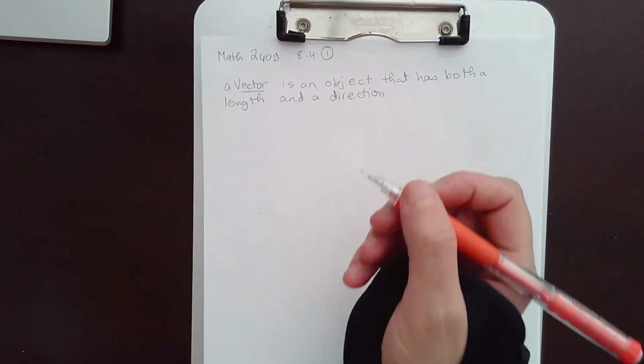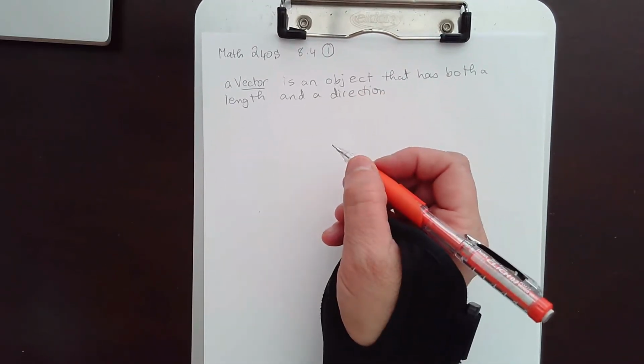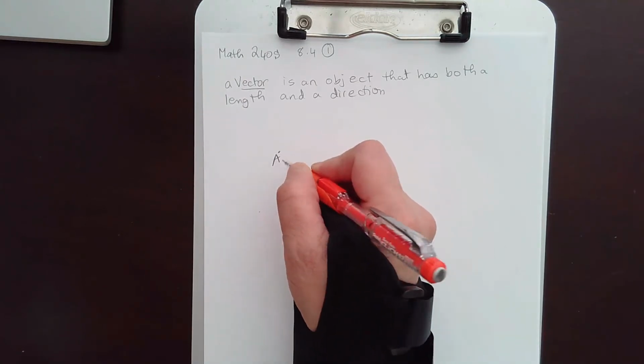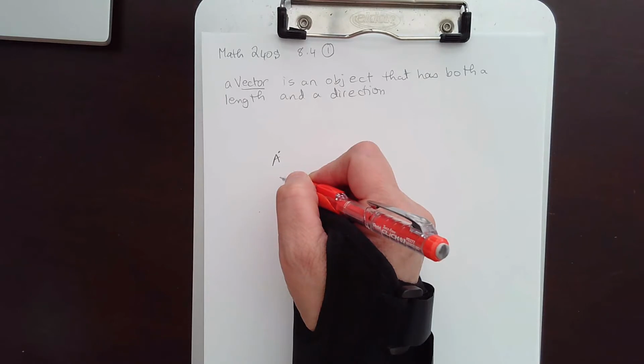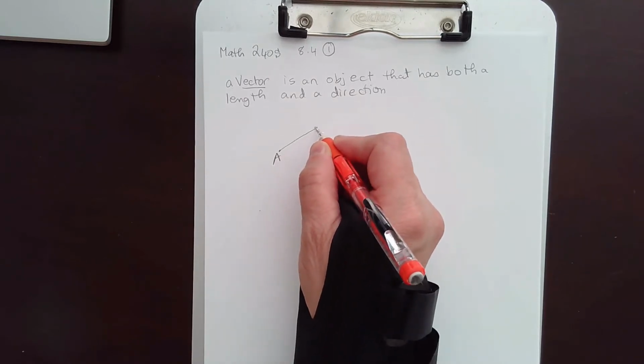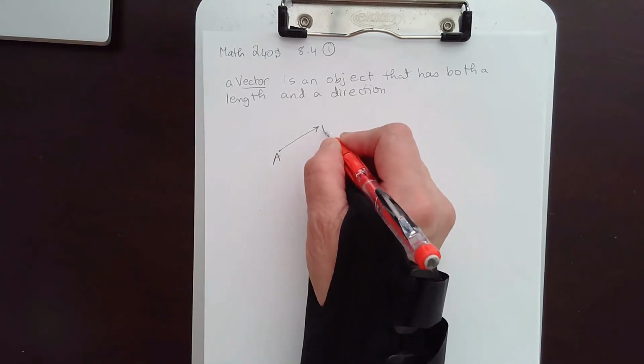So the way you can see it, you started at one point, let's just say A, and it's going in this direction towards point B, you create an arrow here.